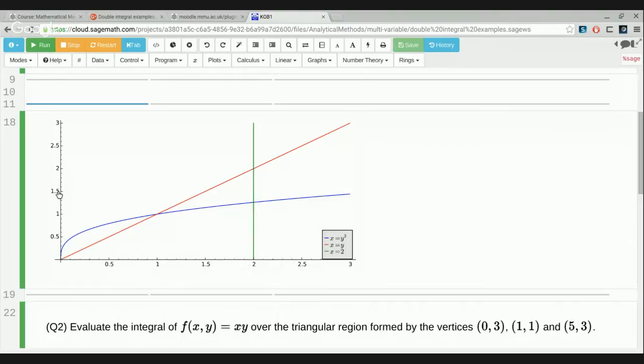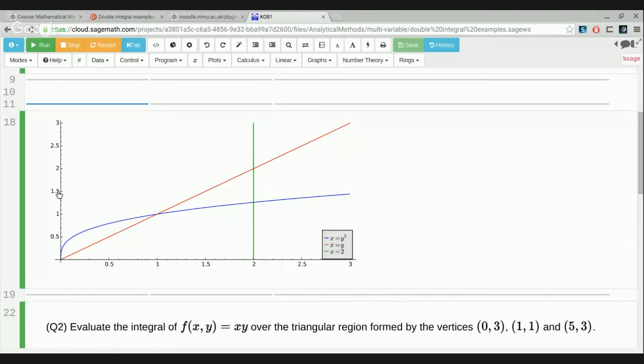Now we've agreed to make the outer integral be with respect to y. So y is varying between the limits 1 and 2. This is the lowest that y goes, which is y equals 1, and this is the highest that y goes, which is y equals 2.